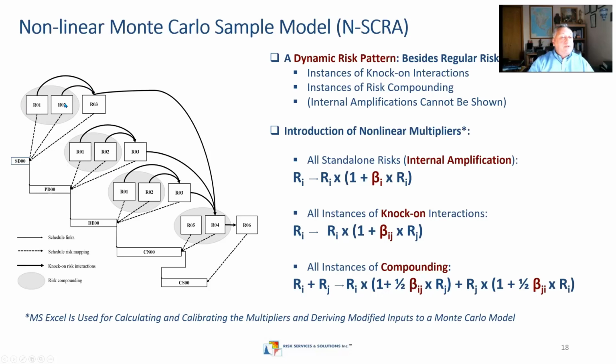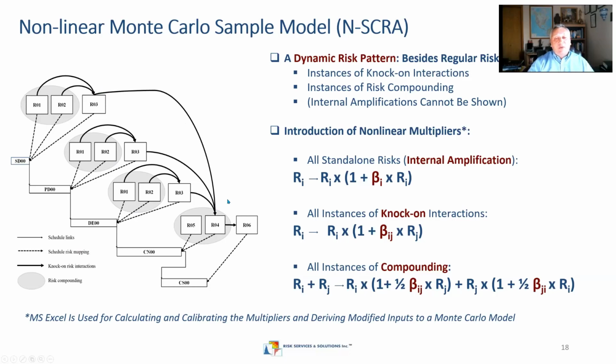So risk 1 and risk 2 will modify risk 3 because they will happen simultaneously. But risk 3 will modify risk 4, which is actually construction, I believe, or startup. This is knock-on. Those clouds are compounding, and those lines are about knock-on interactions. So part of that chart is just regular, but now we need to quantify all those compounding and knock-on interactions.